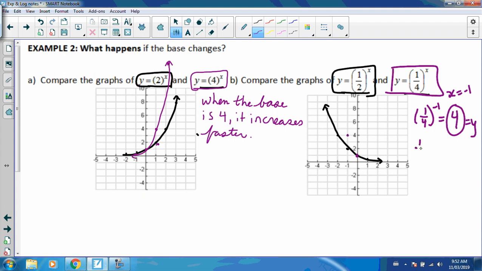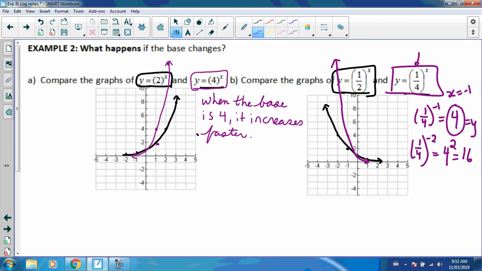And 1/4 to the power -2, that's going to be 4 to the power +2, which is 16. So again, here at this point, I'm way up there somewhere off my scale. So we have something like that. So again, this one is decreasing faster when we have a smaller base. So smaller base is going to decrease quicker.